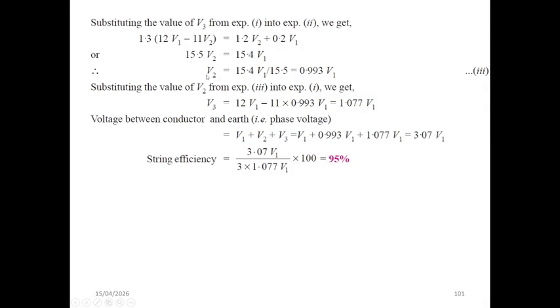We can put V2 in one of the previous equations, and we will have V3 based on V1. So the total voltage is equal to 3.07 V1, and V3 is the maximum value, so it can be calculated based on this. For string efficiency, we can just put it here, and V1 can be removed from both sides, and we will have 95% efficiency.